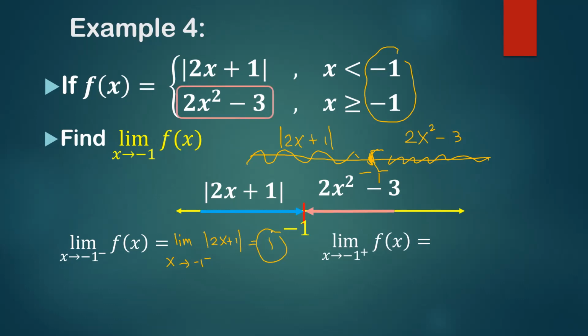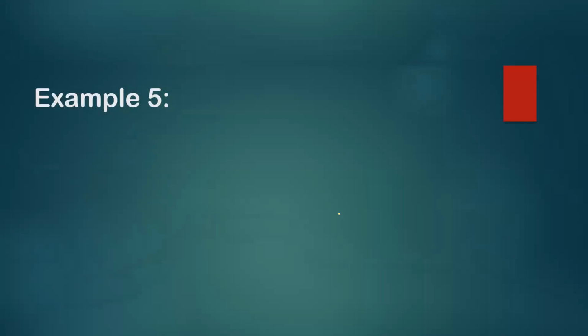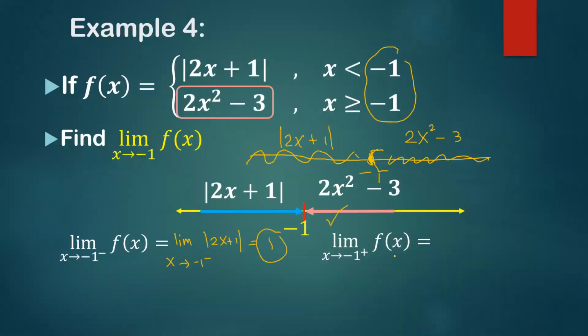Okay, those values of x here are greater than negative 1. Okay? So 2x squared, it's a matter of replacing. Replace natin si f of x by 2x squared minus 3. As x approaches negative 1, this will be approaching 2 minus 3, and that will be negative 1.